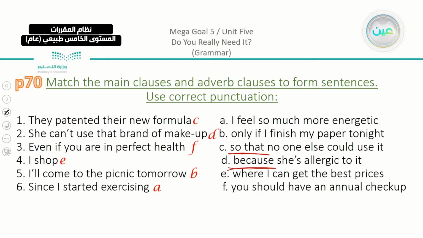We have 3, even if, from the start, even if is the conjunction. 4, I shop, and we said where. I'll come to the picnic tomorrow, only if. And the last one, since I started, we have since.